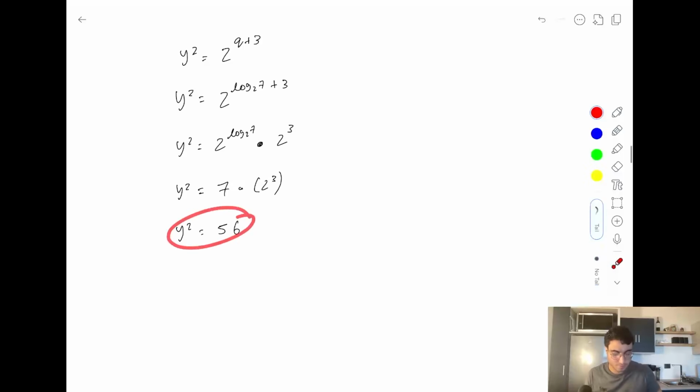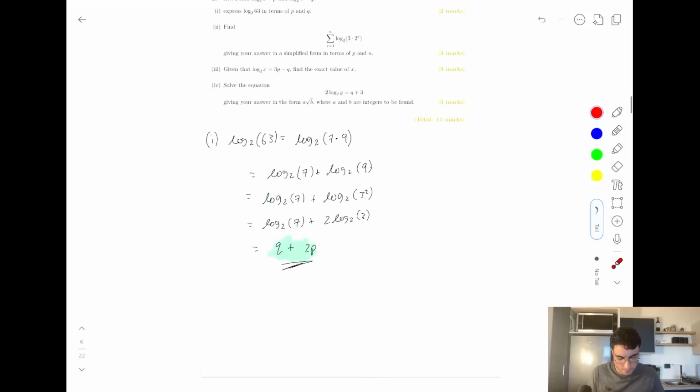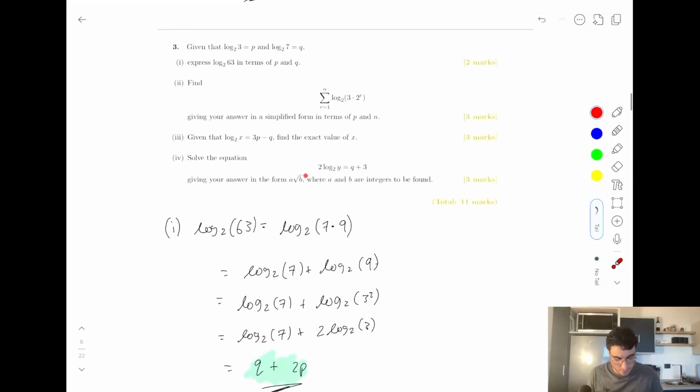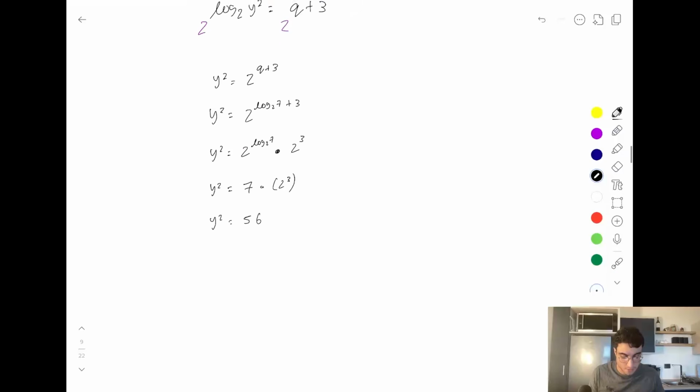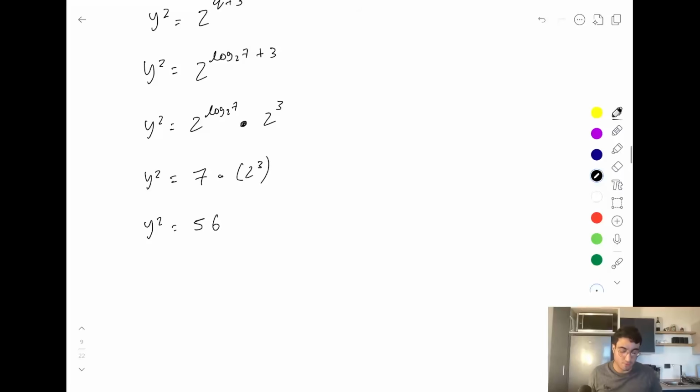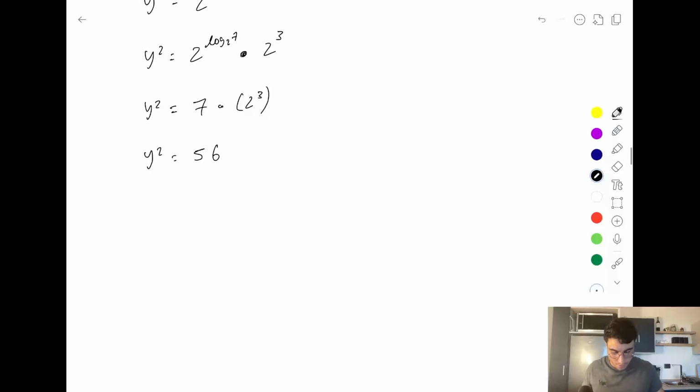Now, they want it in the form a root b, which is interesting, because what that entails for us now, guys, if they want it in the form a root b, then what have I got to say? Well, if they want it in that form, then we're going to have to use surds. So y is root 56. Okay, now how can I break 56 down?